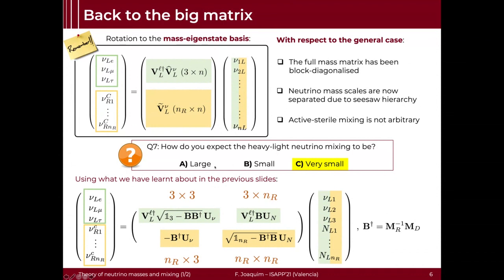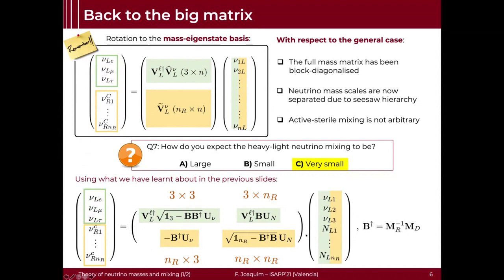Now that I have written the full mixing matrix in terms of the matrices which diagonalize the charged lepton mass matrix. Remember that I told you last time that we also have to account for a possible diagonalization of the charged leptons. Actually, I could have started in the basis where the charged lepton mass matrix is diagonal, but in this case, it's more general.